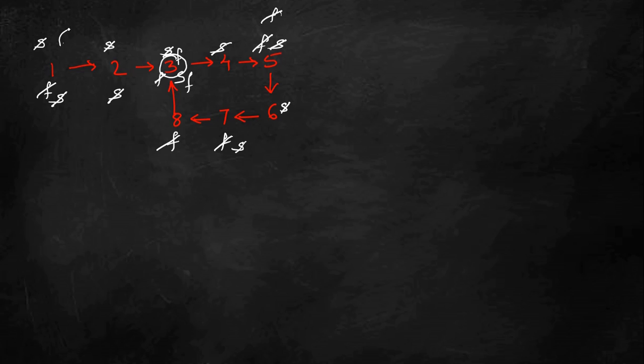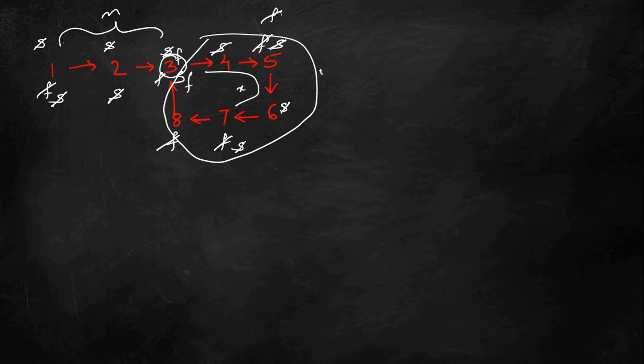So consider that this is a distance m, and where both the pointers met initially, this is, let's say, x, and this whole loop distance that is there is the y distance.